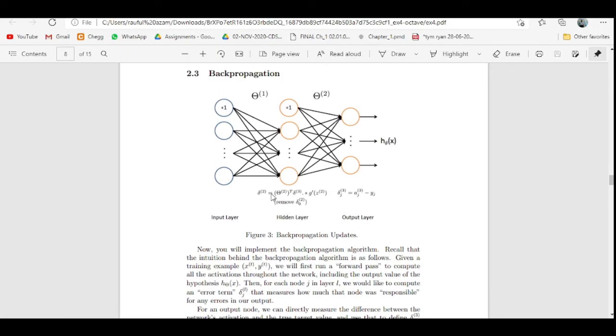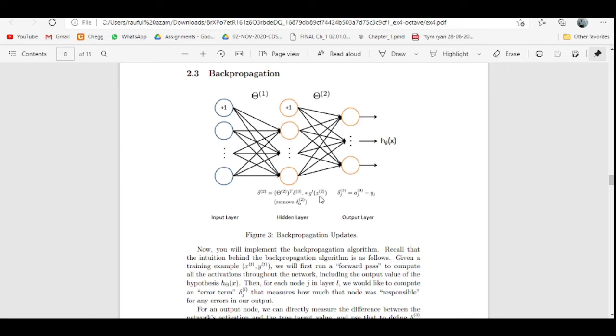See here, to calculate the error at the second layer, we do theta 2 transpose, the theta 2 weight here, that transpose into the error at the third layer, and we do this element-wise, into g prime of z2.